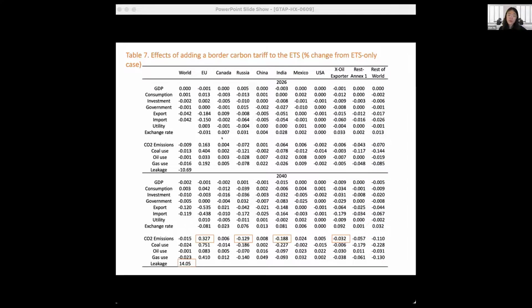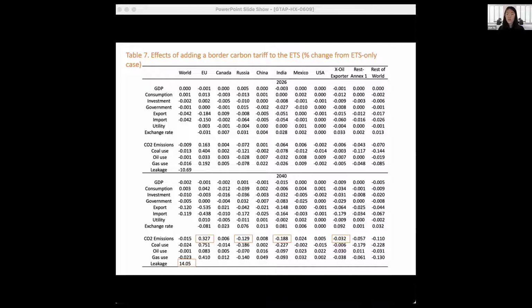The fall of GDP in the EU is minor, and the CO2 emission in the EU is now higher than in the ETS case: a 3.3% reduction compared to the 2.9% reduction in the ETS case.